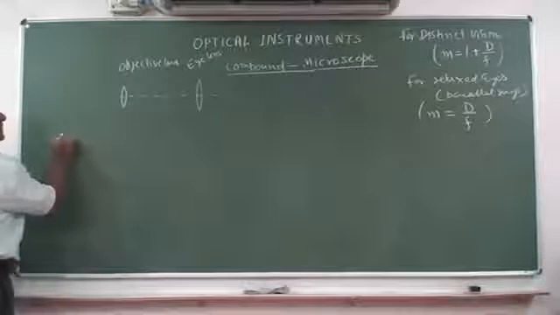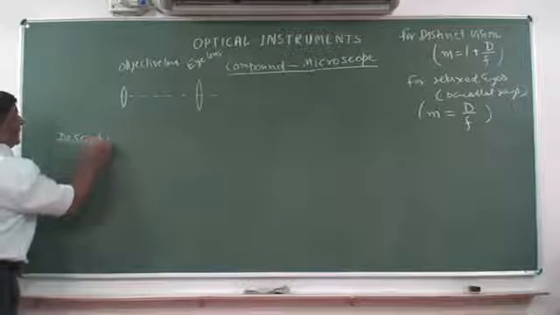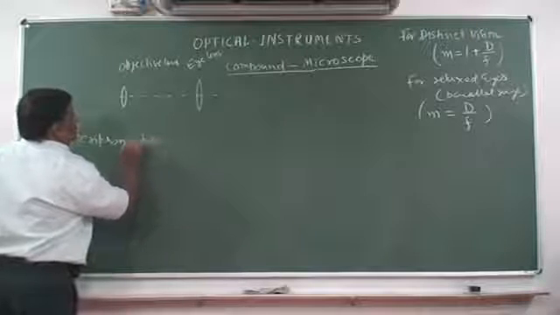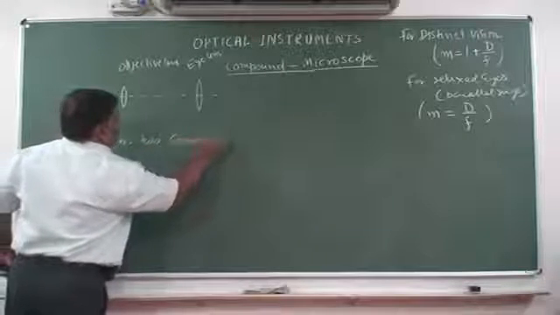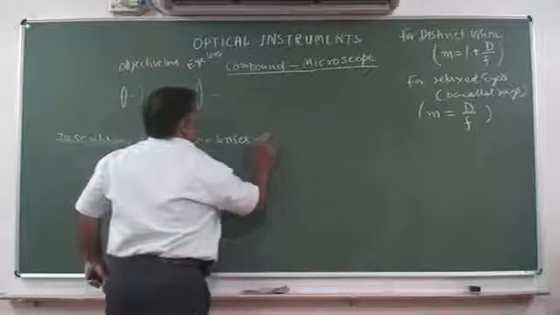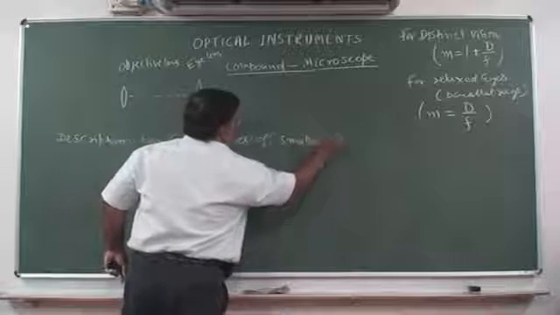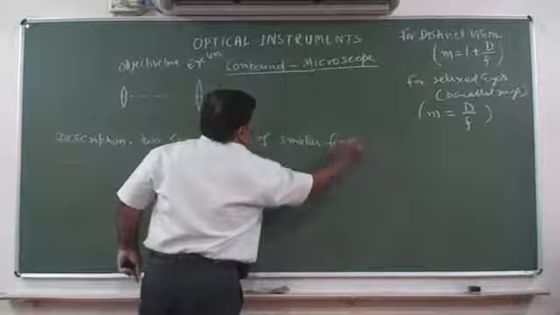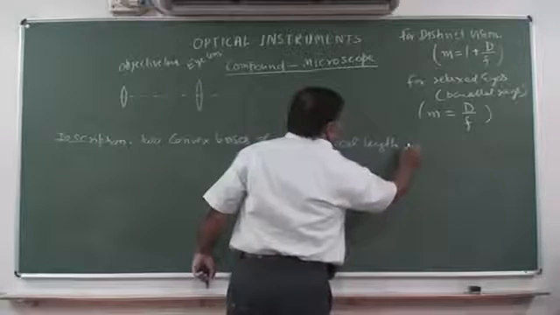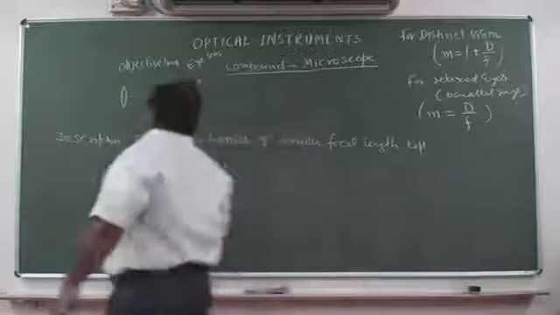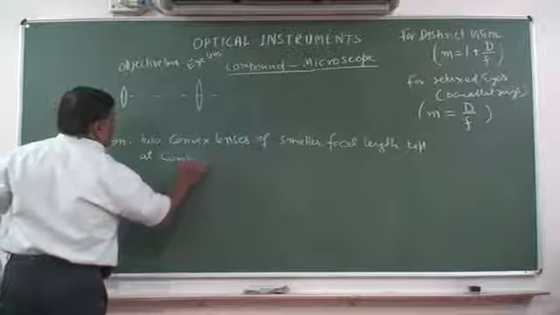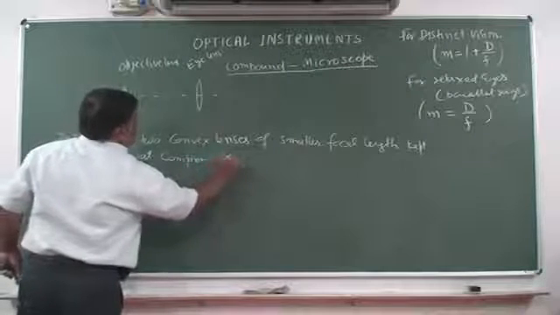So, description: two convex lenses of small focal length kept at a common principal axis.